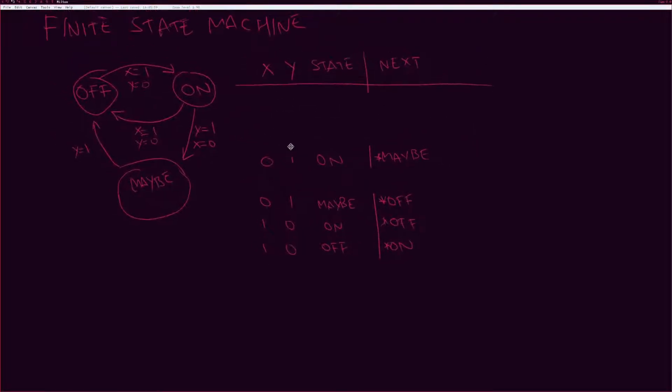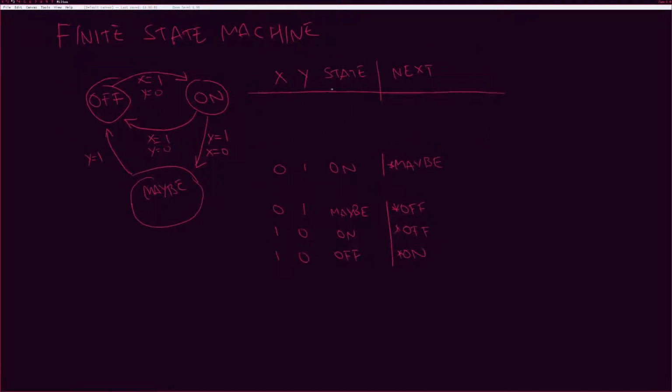Now, if we have a look at current state of the machine, we could say it is currently on. And the X is 1, and the Y is 0. Okay, so this is the current state. We plug that in here. Well, maybe I should have done it in the correct order.